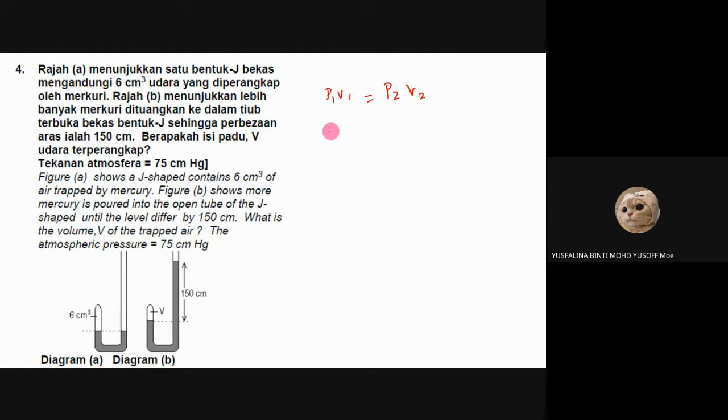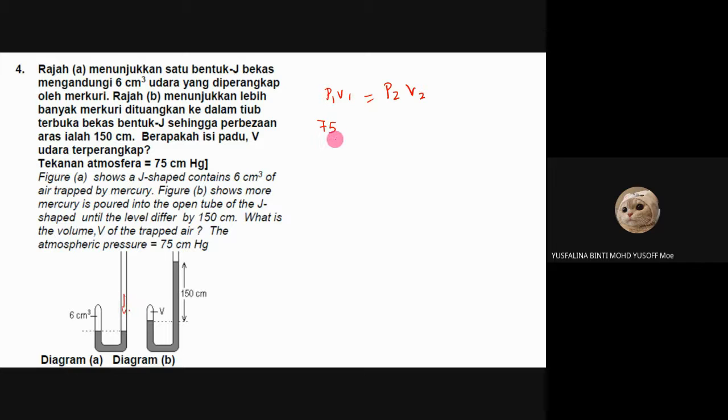This one says diagram A, right? For diagram A, 6 cm cubed of air is trapped by mercury. So the pressure acting on the mercury is only atmospheric pressure, right? So 75.